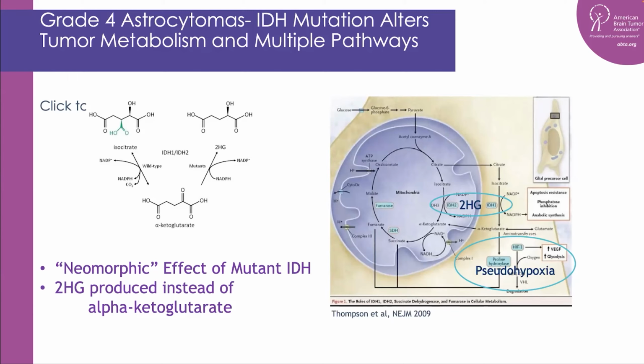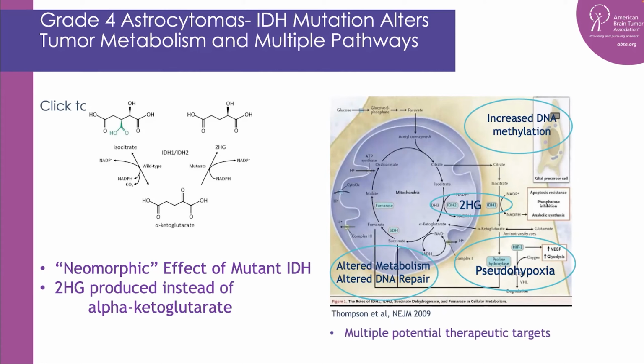So the cell's acting like the oxygen level is low, even if it isn't. You get increased DNA methylation, which alters how the cell expresses various proteins. It also alters metabolism and DNA repair, and we'll talk a little bit about the DNA repair in a second. These are just the highlights.